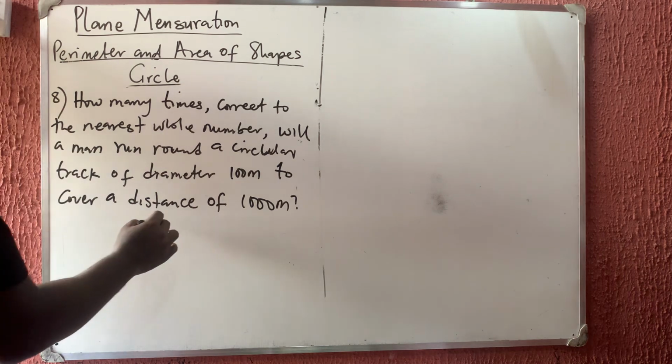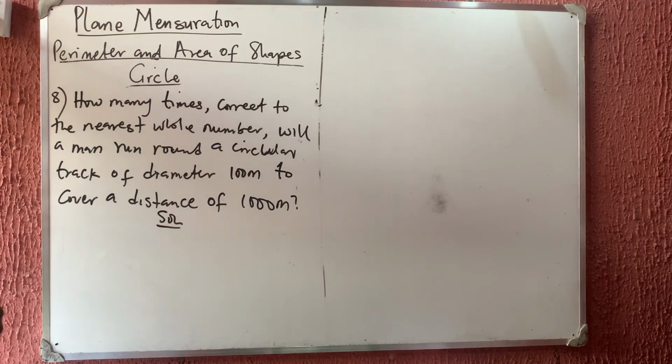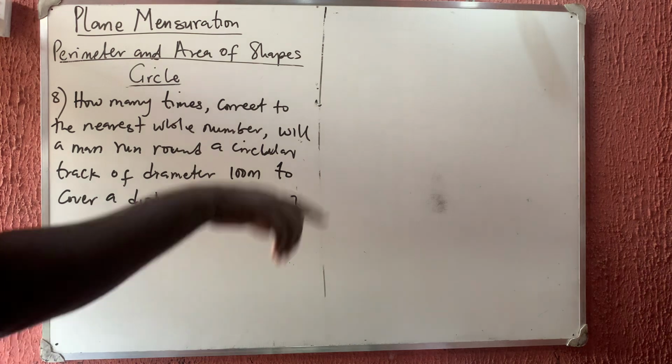Okay, solution. Now, first of all, we need to find the circumference of that circular path he is running around.